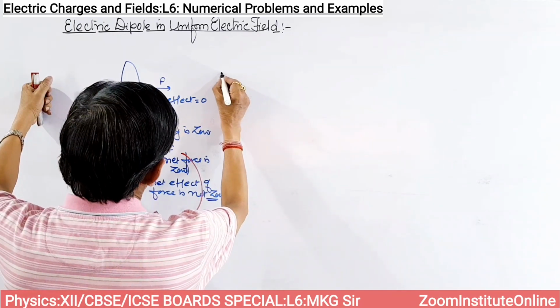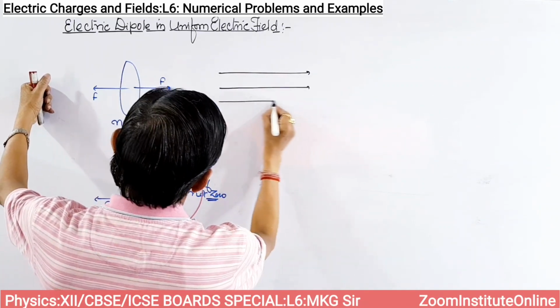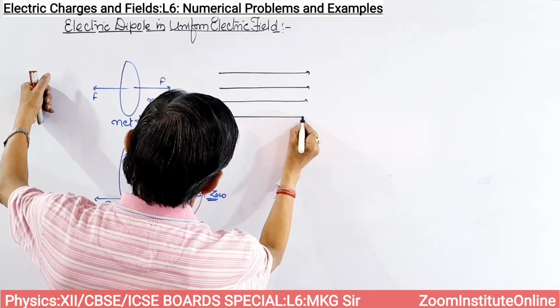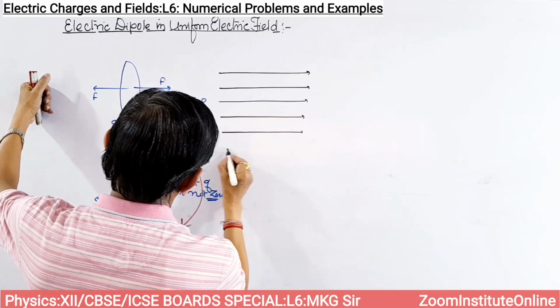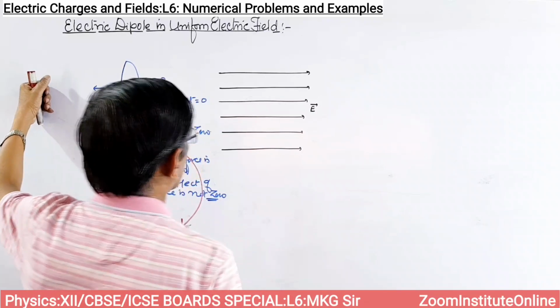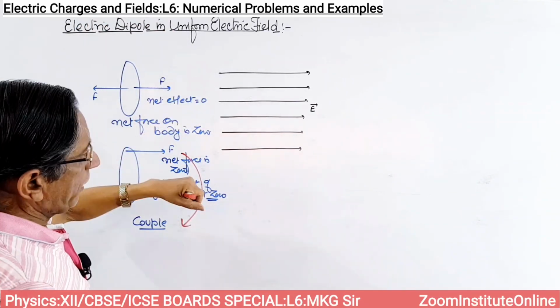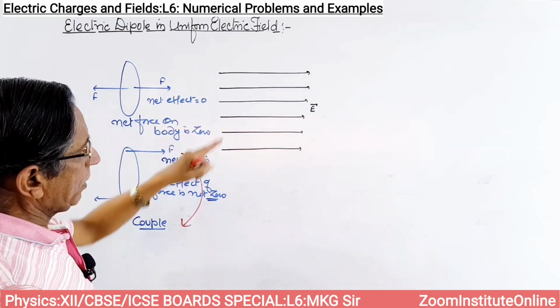Students, we consider uniform electric field E in the direction shown to you. Uniform electric field is denoted by equidistant parallel lines.